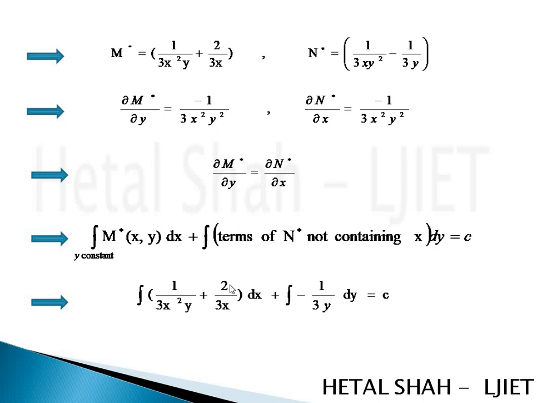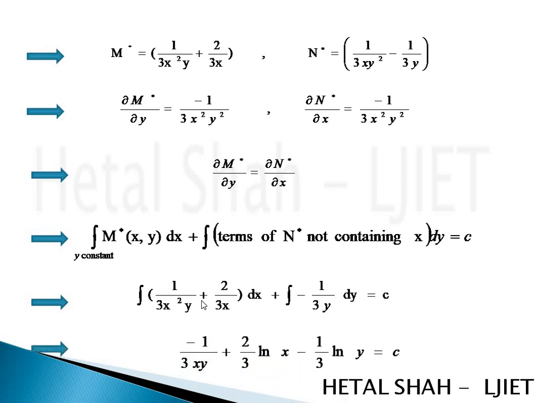This is our M star. Now integrate with respect to dx, plus the terms of N star which are free from x. In the first term there is an x term. We have only one term, minus 1 upon 3y, which is free from x. So the integration of minus 1 upon 3y dy is equal to c.